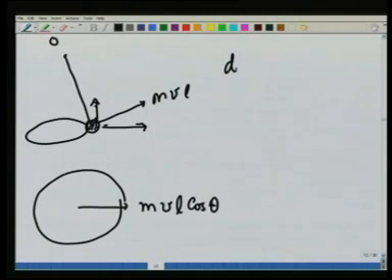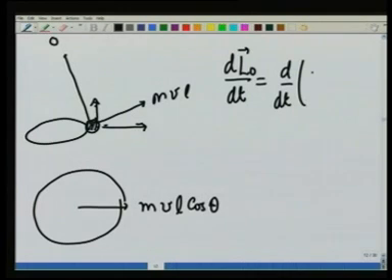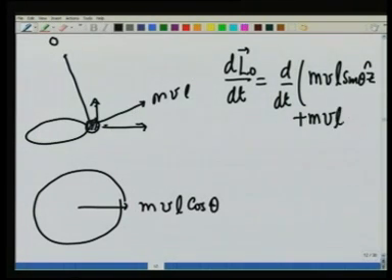So dL by dt, L about O, is going to be d over dt of m v L sin theta z plus m v L cosine theta r.